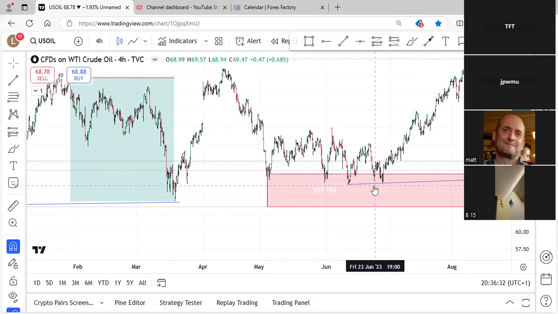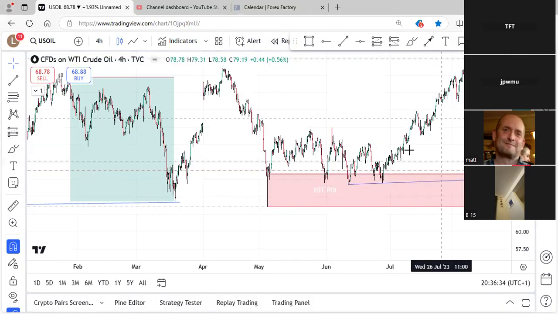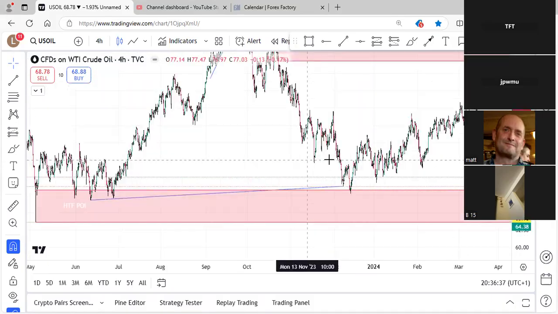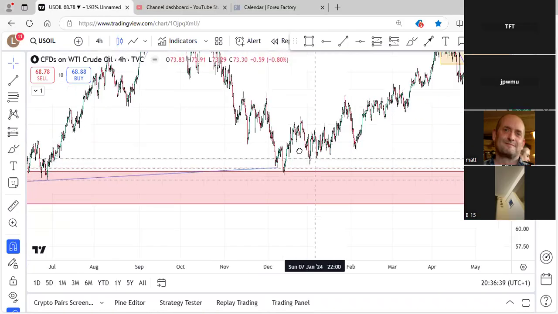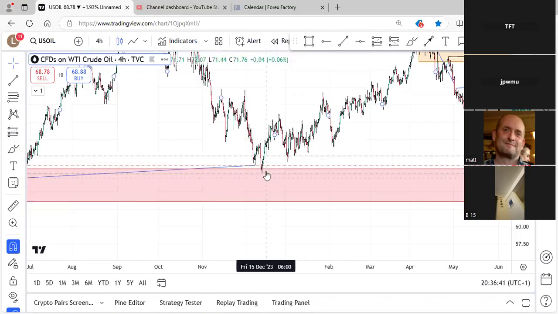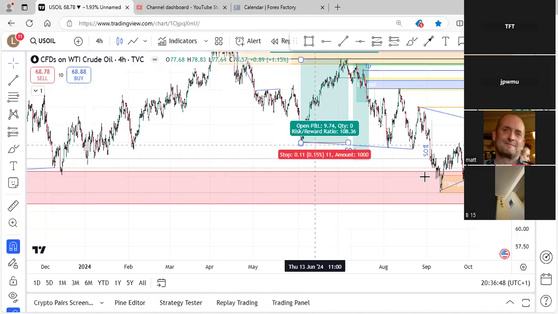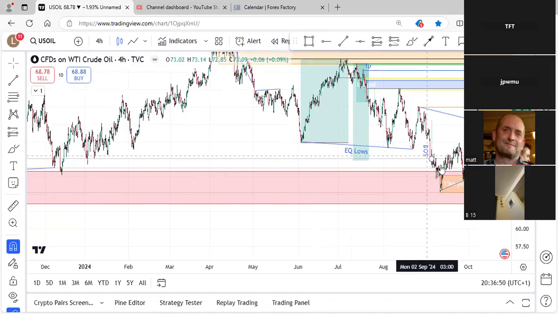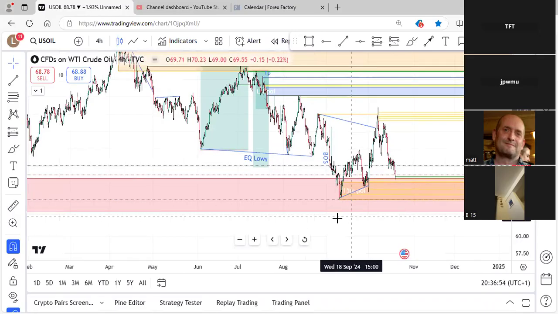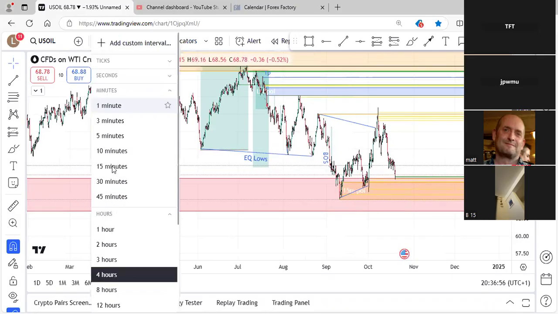This is the start of the move up there. Obviously it comes back. So generally I'd be looking for a 15-minute break once it retouches, which it does sort of above here, but then it comes and takes it out. So I would restart the 15-minute move again, which it does.